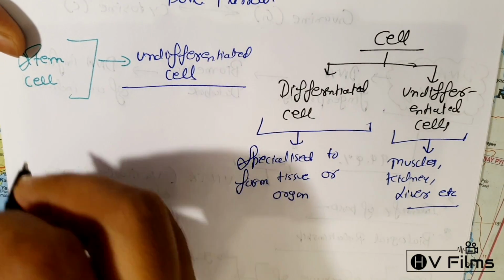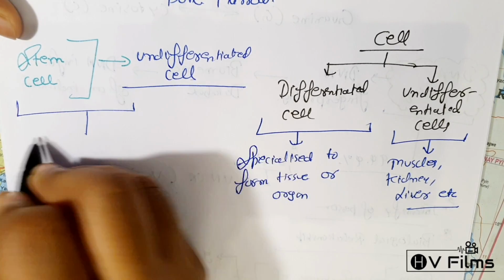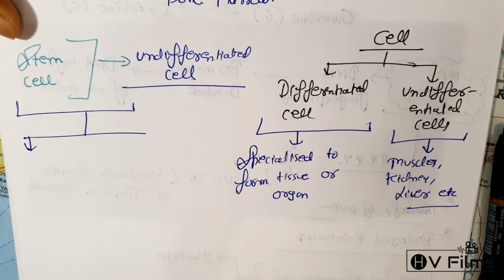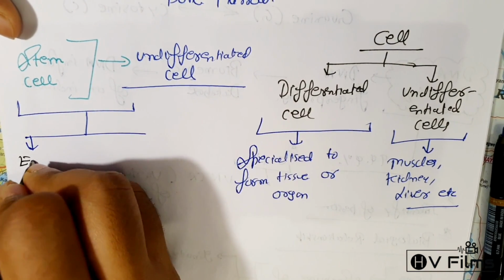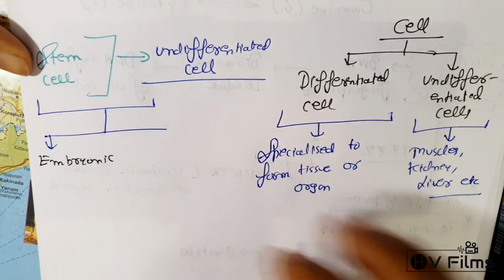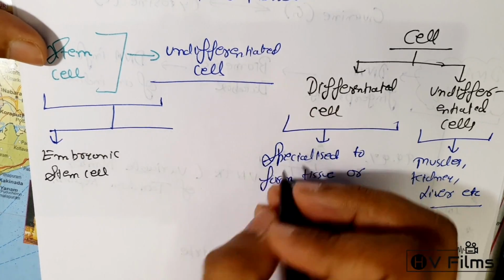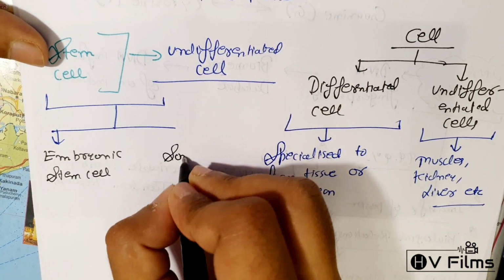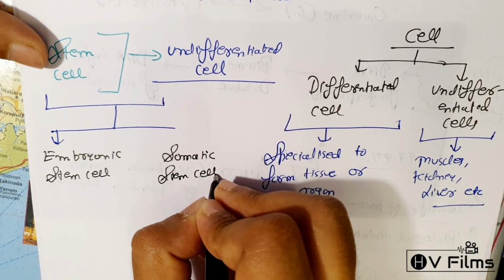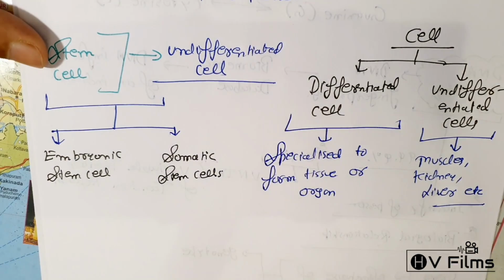Now these stem cells are also of two types. One of them is the embryonic stem cell, and the other is the somatic stem cell. That's how they differ.